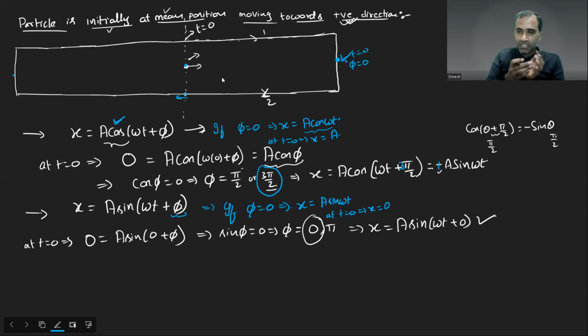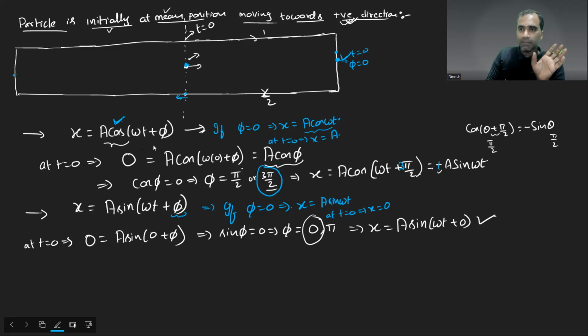So when you take the sine function, and the phase is 0, at time 0, you can understand that it is starting from this position. As you go from here to here, the phase will be pi by 2. As you come here, the phase will be pi. As you go here, 3 pi by 2. As you come again here, it will be 2 pi. Okay. So when you take sine or cos, the situation is different.